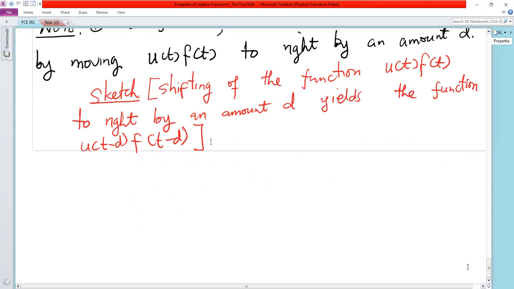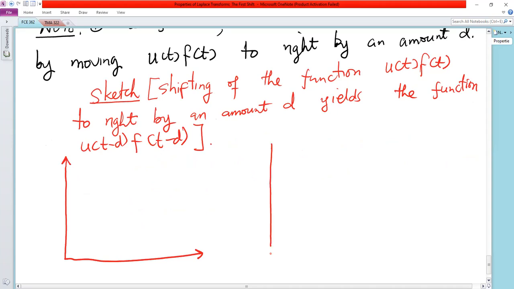So this is how this can be illustrated. So this is a t-axis, this is a t-axis. Now on the first graph, this is the u of t times f of t axis, while on this other one is u of t minus d times f of t minus d.